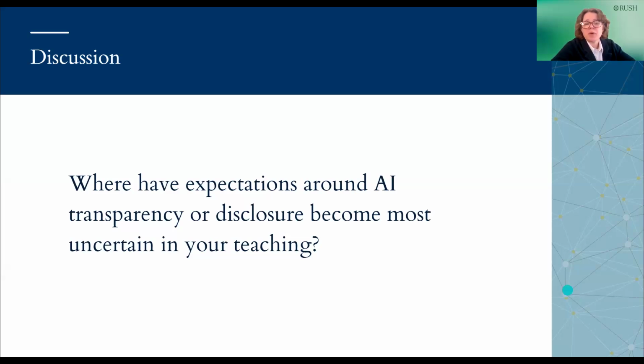As you ponder this, you might consider how you framed AI use and disclosure in your assignments and how students have interpreted that, or perhaps how this has affected you and your students' workloads. There are a number of ways you might approach answering these questions. Feel free to just unmute or throw it in the chat, however you'd like to respond.